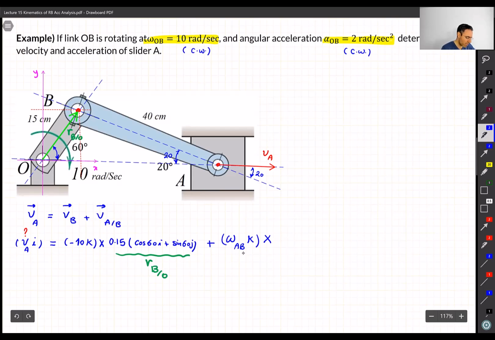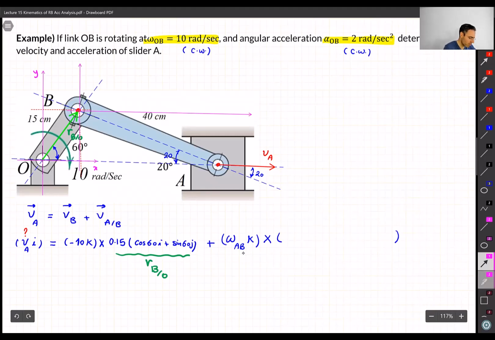And now I need RA with respect to point B. So when we say with respect to point B, it means I need to set my X and Y coordinate here. Let's set them there. Then we'll go from there.